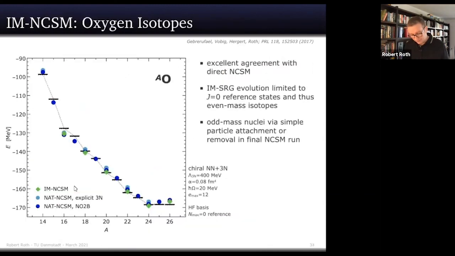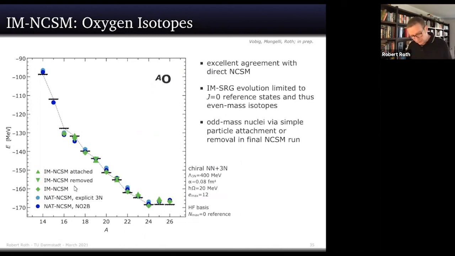So we can compare now, that's my last point, with the NCSM from before. I can do all the oxygen isotopes, also with this in-medium NCSM. These are the green symbols here. And the blue symbols are the straight natural orbital NCSM calculations that we discussed before. And you see the points are all overlapping. There's some scatter, they're moving up and down.